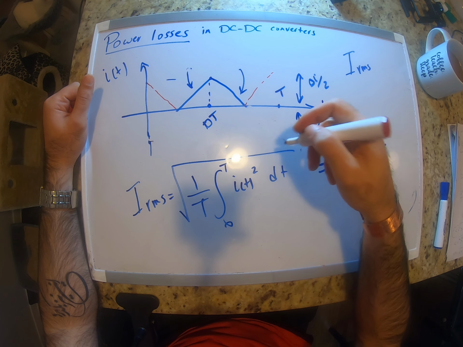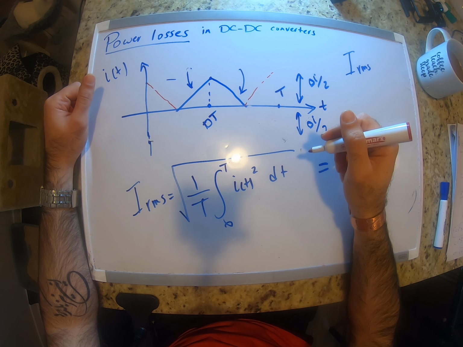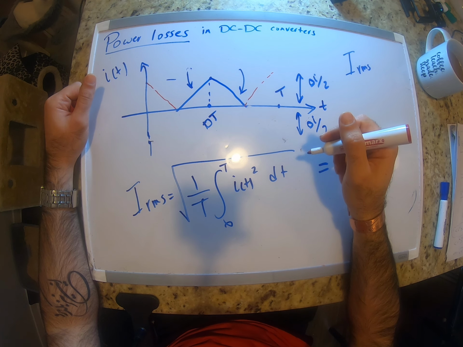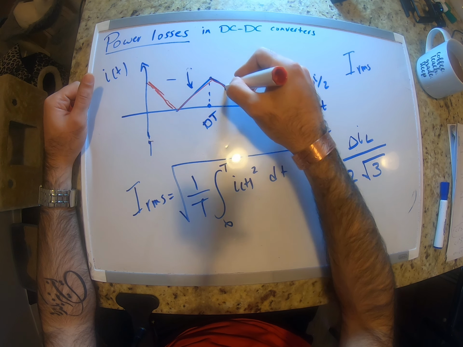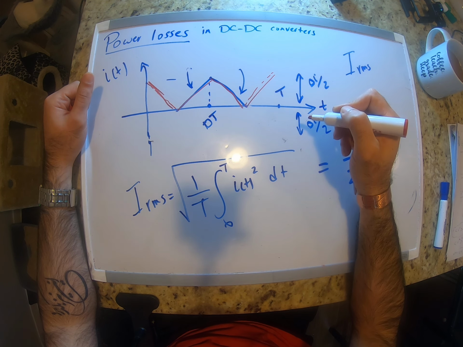So this is basically what we can do. And one other thing that you can figure out is that the RMS of this one and this one should be the same. The RMS of this one and this one should be the same.